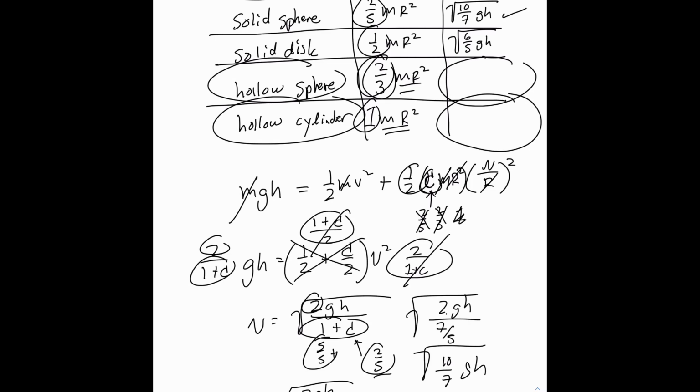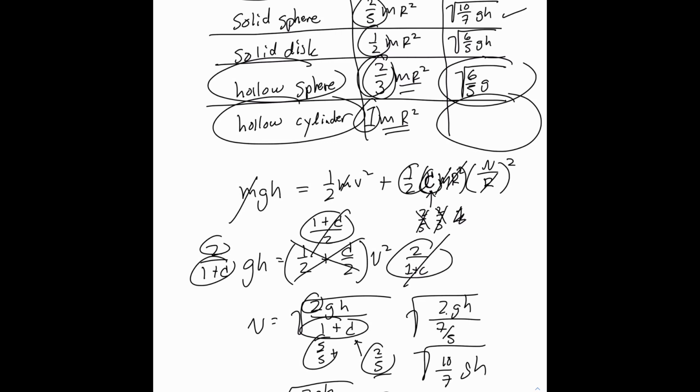Okay, so 2/3 plus 3/3 would give us 5/3, and 2 over 5/3 is the same as 6/5, right? And that's the one, oh, I got this out of place, I'm sorry.